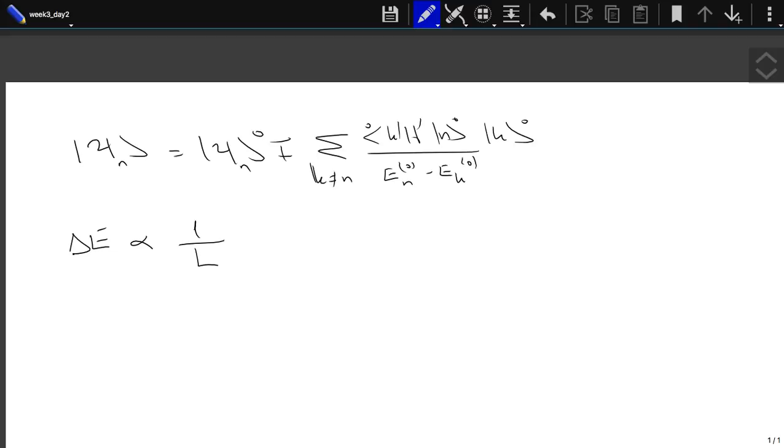So if you go to higher and higher excitations, the energy separation between these states gets very small, and this number over here becomes very large. In that case, you cannot really talk about convergence. You have to take the next correction, etc.